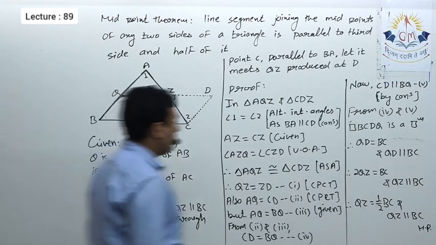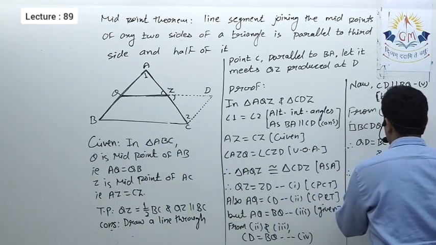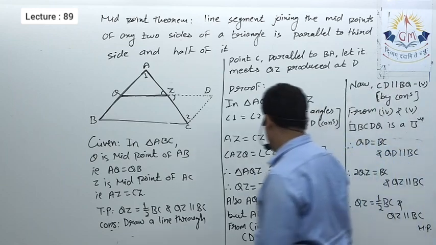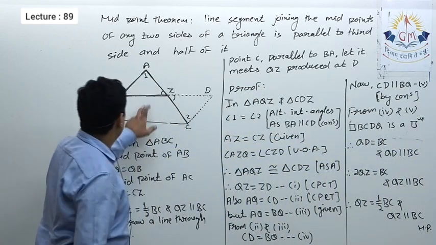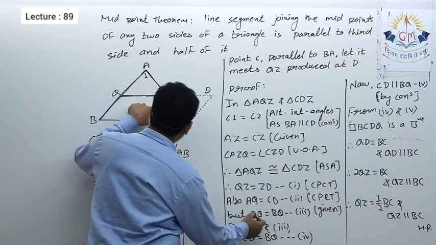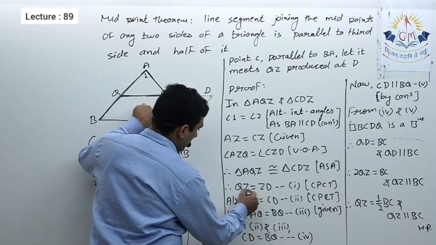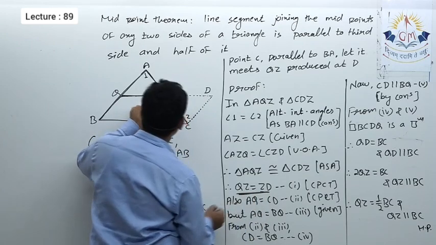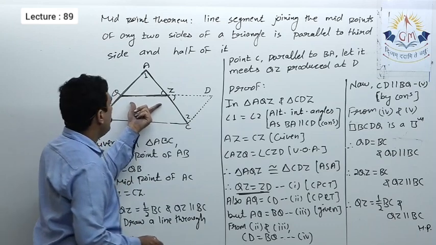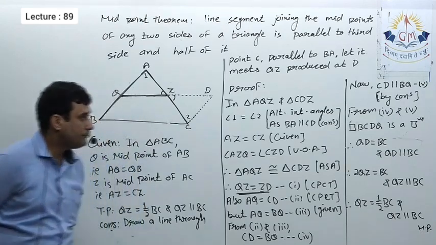See, here I wrote QD equal to twice QZ, as we proved over here, QZ equals ZD. So QZ equals ZD, so I can say QD is equal to twice QZ.